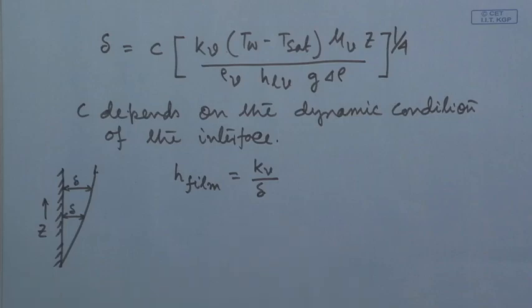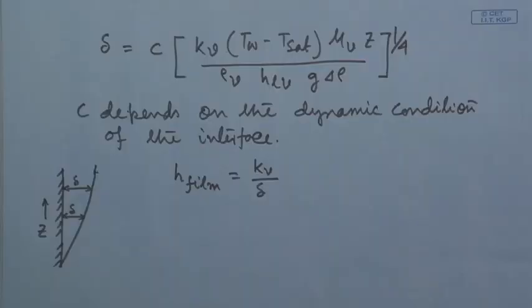Based on this, a number of modifications are done. One modification is that we can include convection. The solution will be a little bit difficult, complex, but we can include convection.